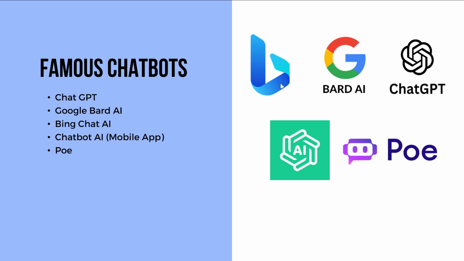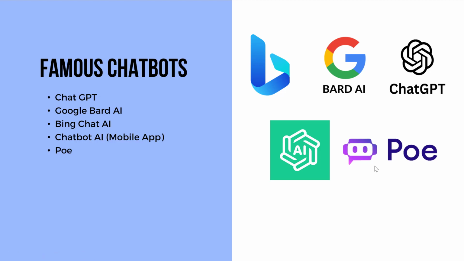Unlike it, we have Bing Chat AI. It has an app. You can download it on your own mobile phone, and you can find it in the browser too. Chatbot AI is an app that you can download on your mobile phone, and it gives you 3 free messages every day.